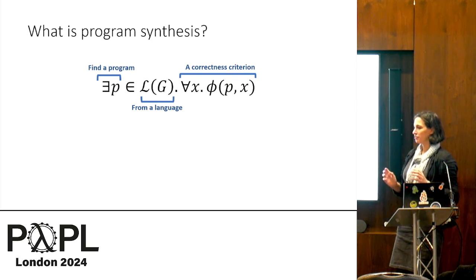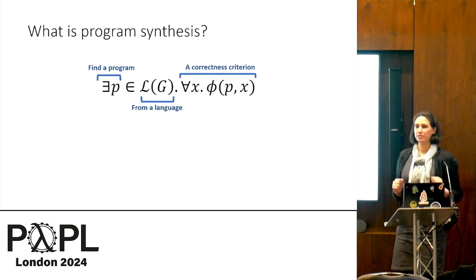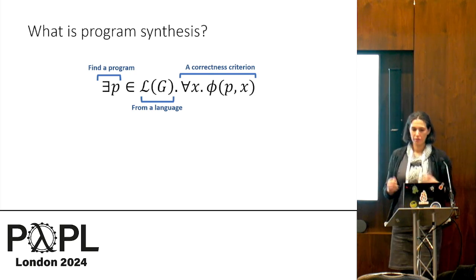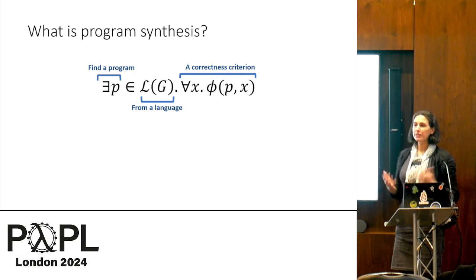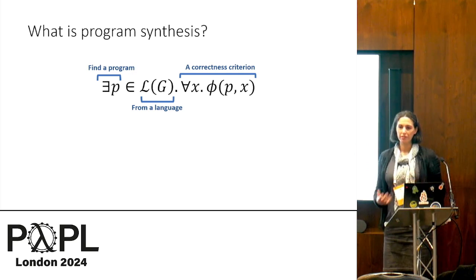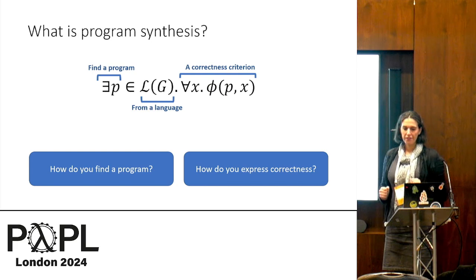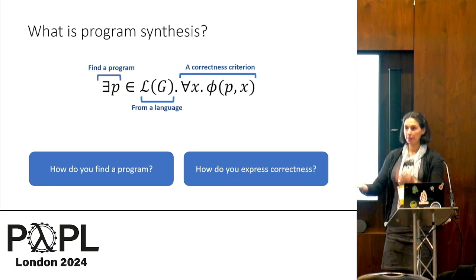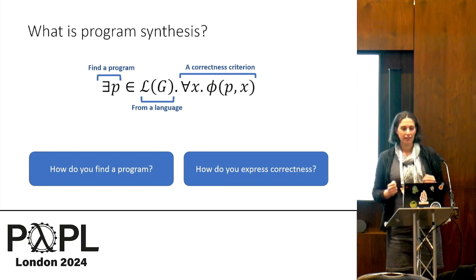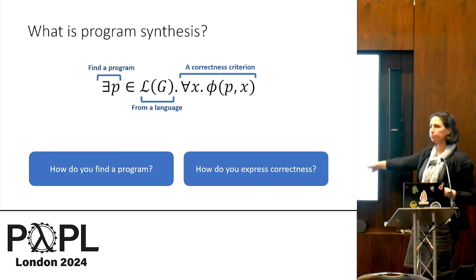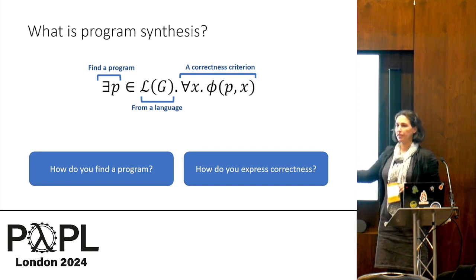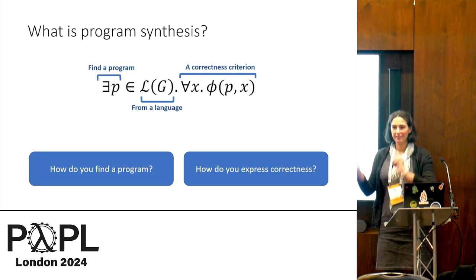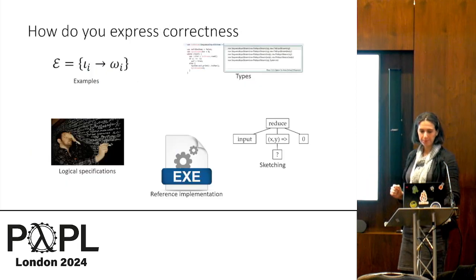And there's two main questions that you're probably taking away from this explanation that are basically what constitutes the majority of synthesis research. The first is, how do you find a program? That seems hard. And the second is actually, how do you tell it what is correct? And I'm going to start with the second one, because it's A, easier to explain, and B, leads nicely into the first one.